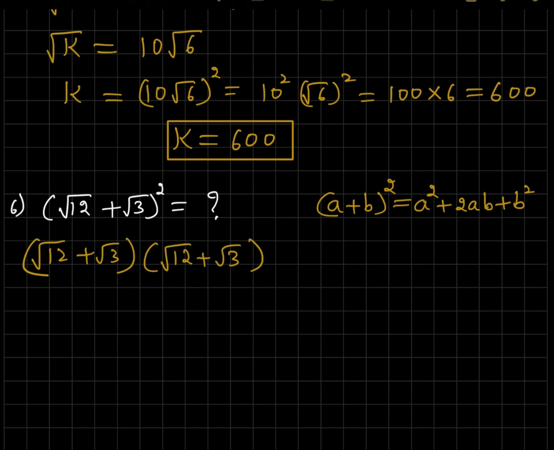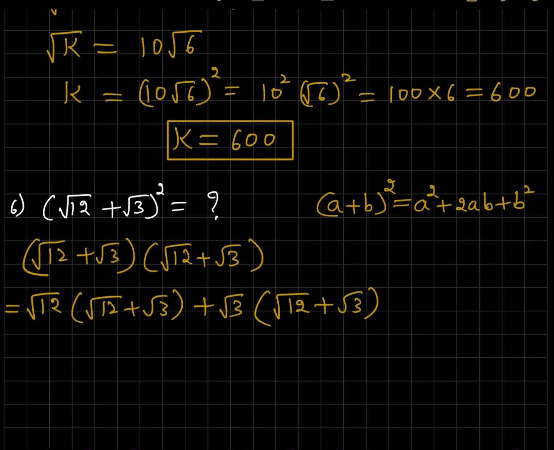Anyways you can do. So if I do it this way, I will expand the brackets. So square root of 12 multiplied by square root of 12 plus square root of 3, plus square root of 3 multiplied by square root of 12 plus square root of 3.